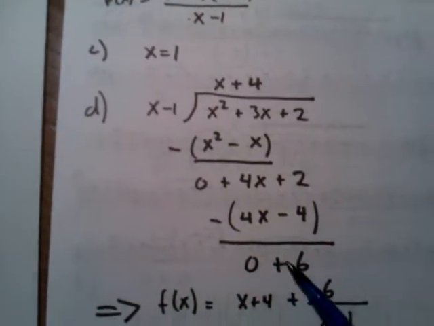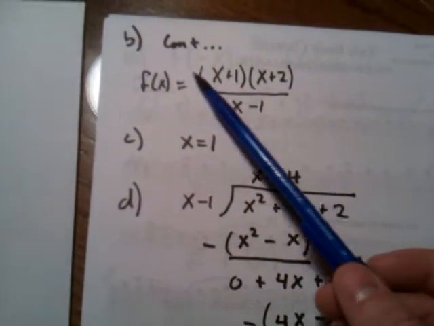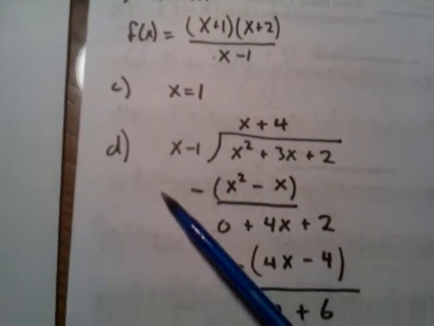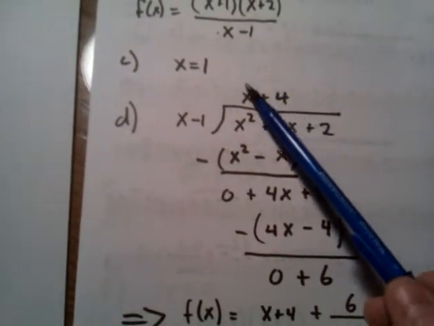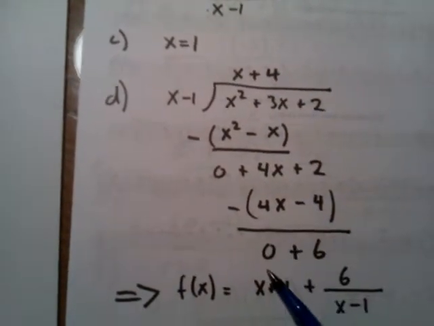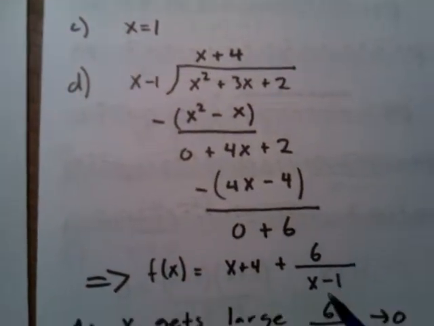When we subtract that, we're left with 6. So we can rewrite our function as what we got when we divided it, plus the remainder over the denominator.